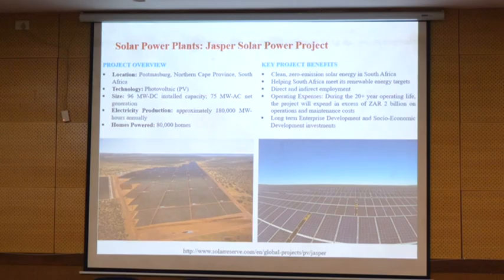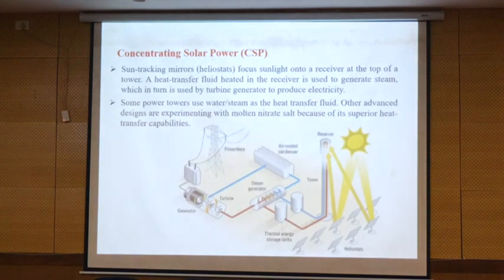Anyway, we have different technologies, concentrating solar power. As you can see, we use mirrors to reflect the solar light to this part. We call it the receiver, and we have sometimes molten salt with a temperature of 200 that increases to 600.